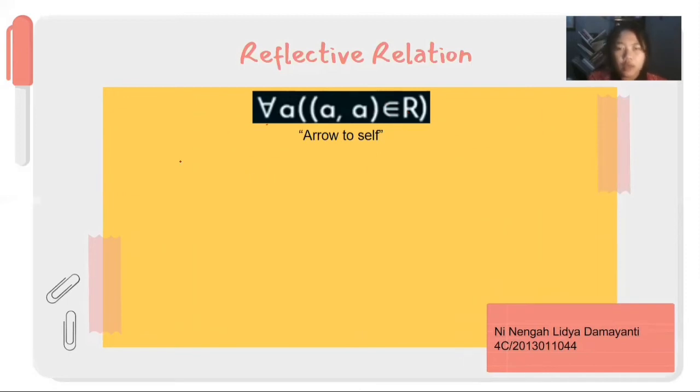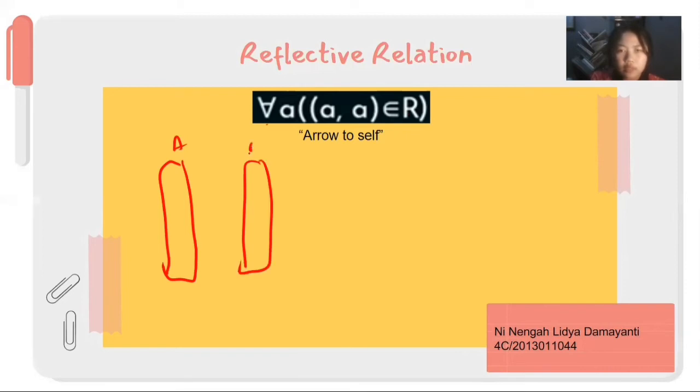Now we make an example. We have two sets, set A and set B, with the members of set A being a, b, c, d, and the members of set B being a, b, c, d. So basically, this relation is an arrow to itself.